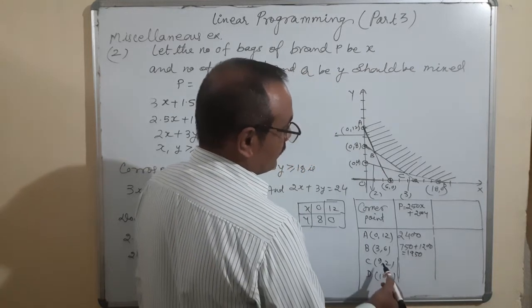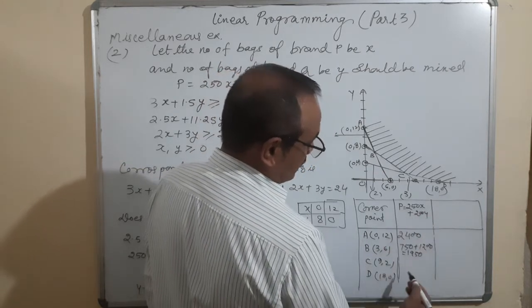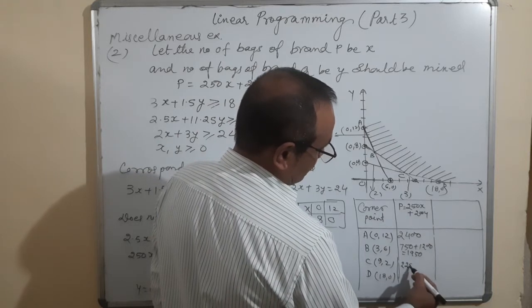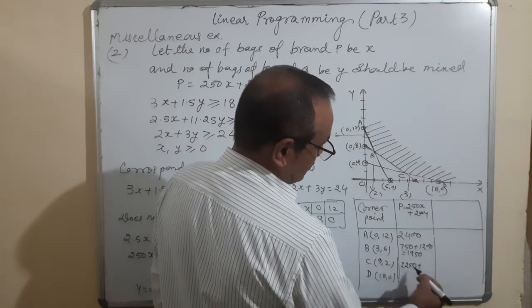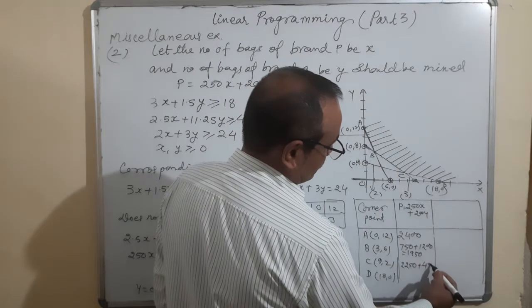Second one done. The third one is (9, 2), which gives 2250 plus 400.